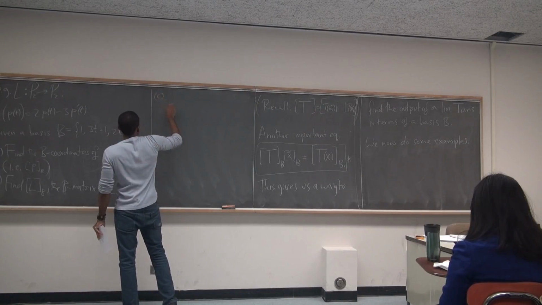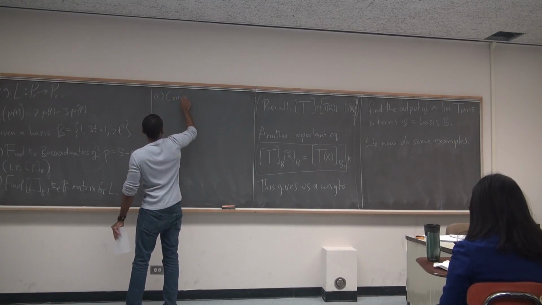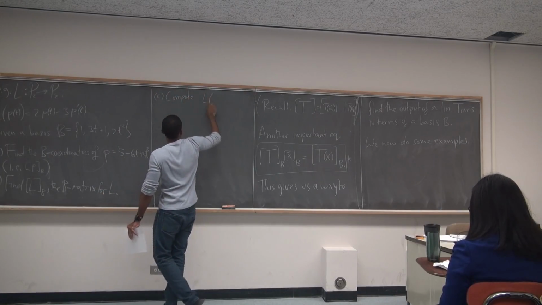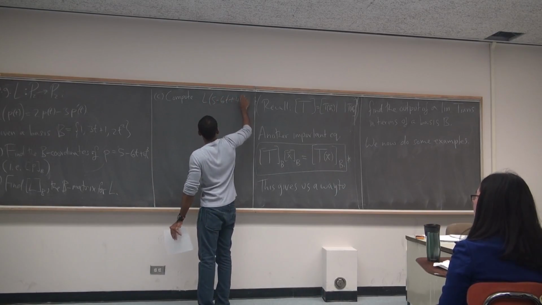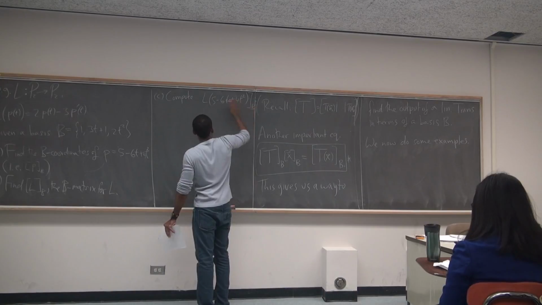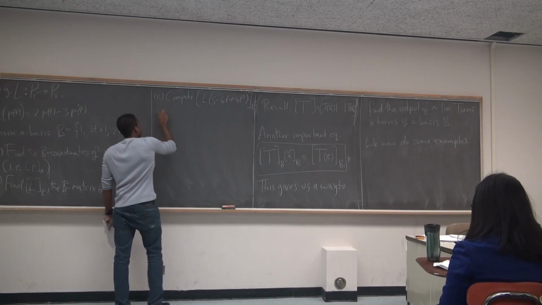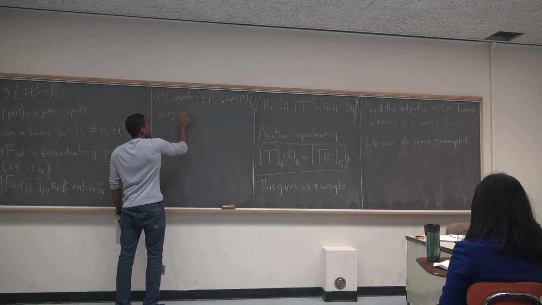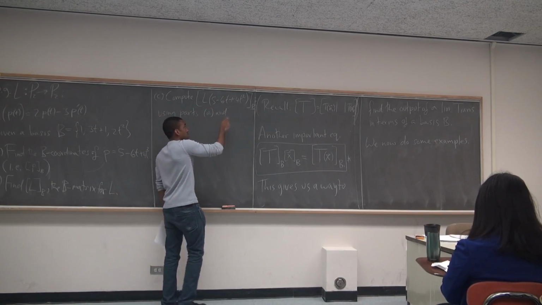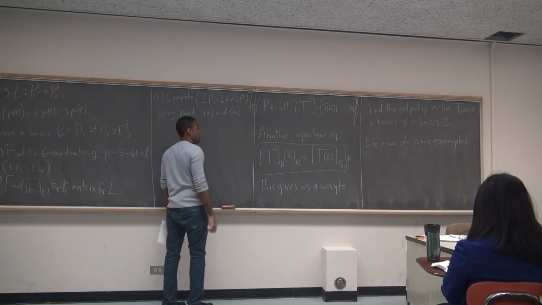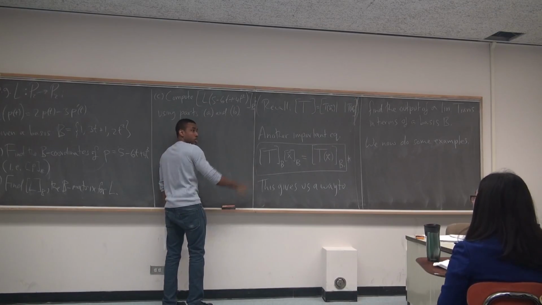And part C was compute L of this guy with respect to the basis B, using parts A and B. There are many ways to actually get to this, but it specifically wants you to use parts A and B, which actually means using this equation.